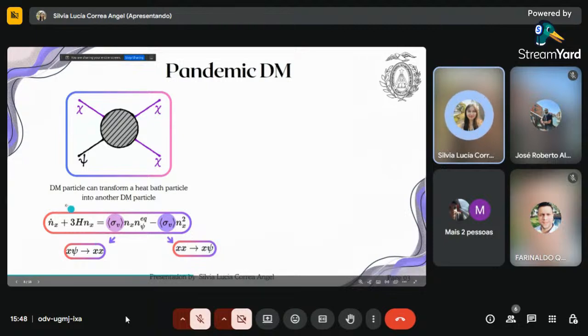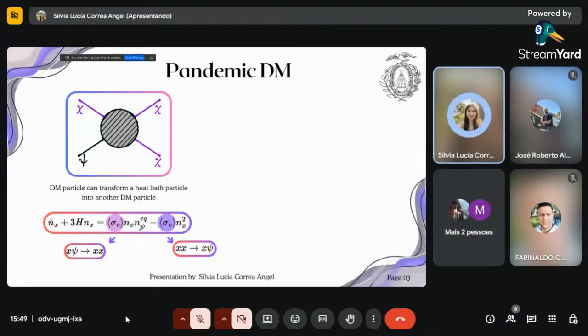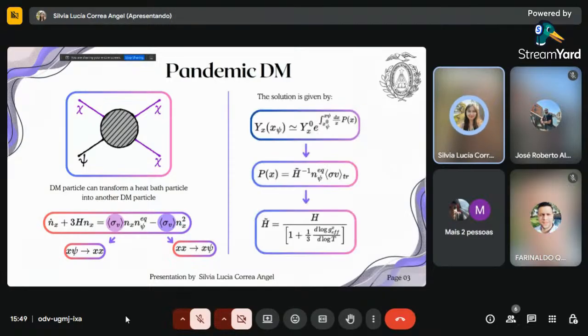This is the Hubble parameter. We have here, for example, the number density of the heat bath in equilibrium, and in this case, this will be the number density for the dark matter. The solution of this equation is given by this equation, where we have the epsilon, and here we are assuming an initial abundance.